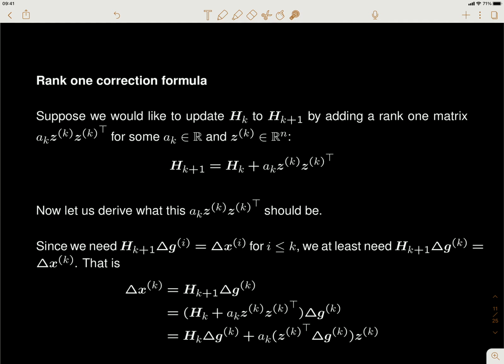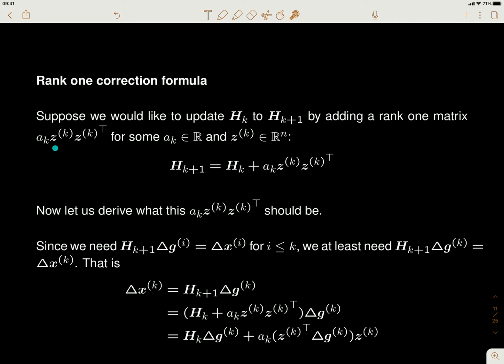The first one is called rank 1 correction. The rank 1 correction method, as you can see from the name, is that we're going to update the Hk matrix to the Hk plus 1 matrix by adding a rank 1 matrix. This rank 1 matrix is written as some scalar ak times the vector zk and the transpose of this vector.